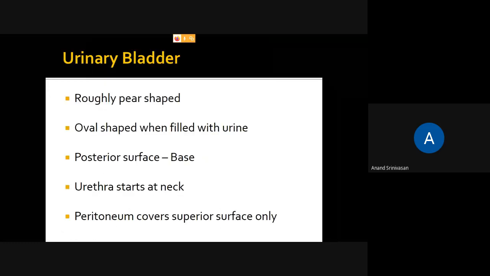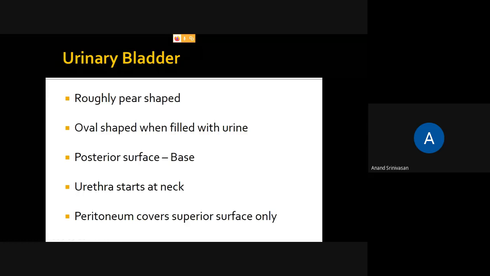The next one is the urinary bladder. The urinary bladder is a roughly pear-shaped structure. But when it is filled with urine, it becomes oval-shaped. So when it is empty, it is pear-shaped. When it is filled with urine, it is oval-shaped. It is the place where the urine is stored.